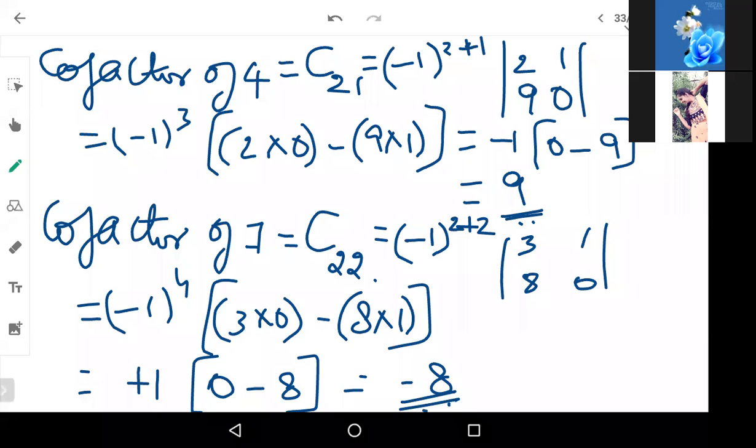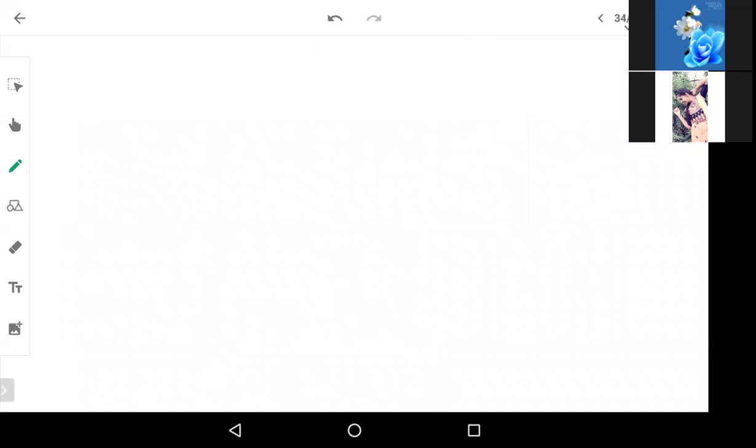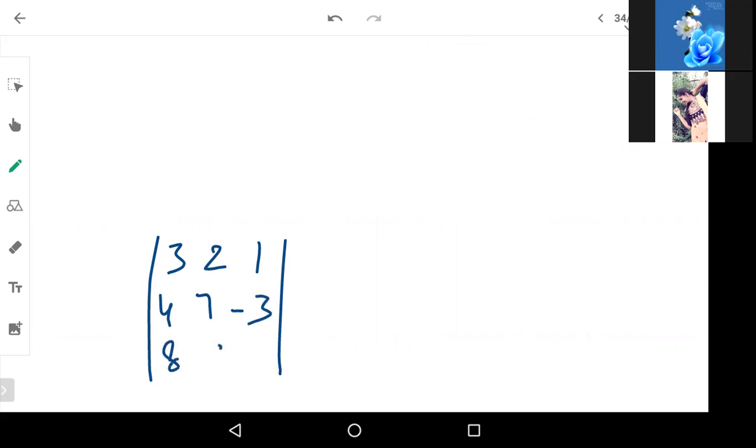Okay, listen, Ravi. Cij is nothing but where the element is placed. What is the determinant that we are solving? 3 2 1, 4 7 minus 3, 8 9 0. This is the determinant.